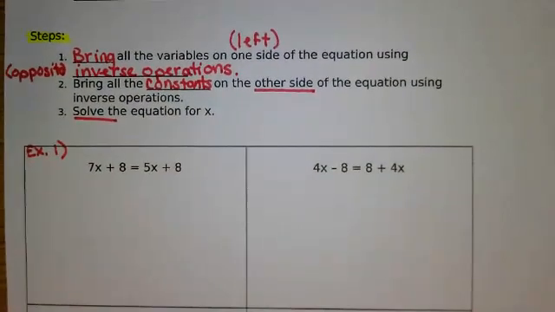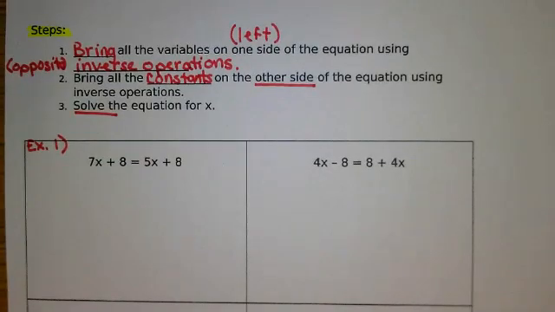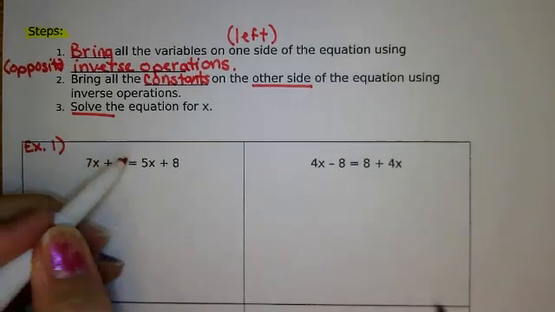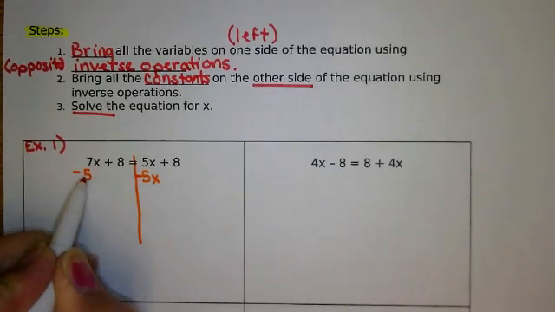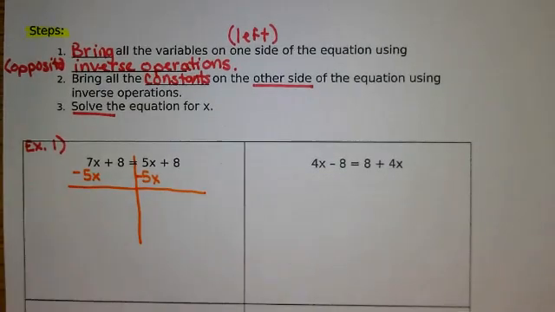Okay, so according to my steps, I'm going to move all my variables to one side. So that means I am going to bring my 5x by subtracting, because we're not solving yet, we're just simplifying. So there's another keyword, the difference between simplifying and solving.